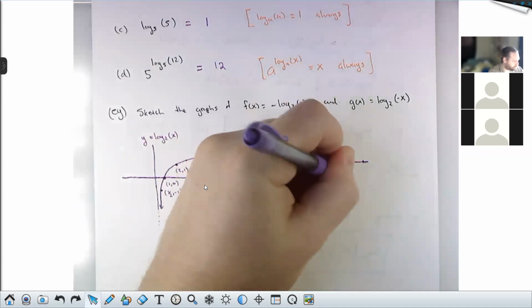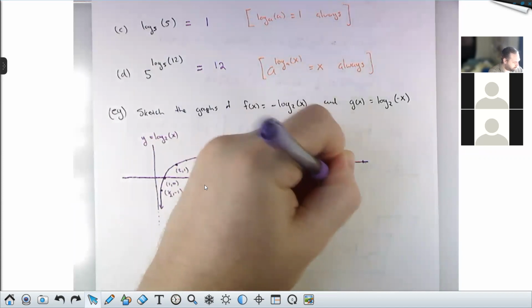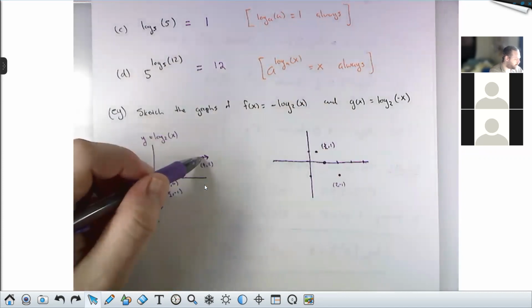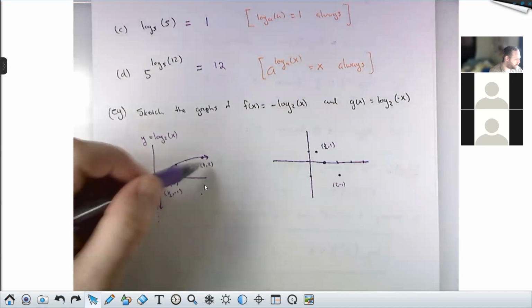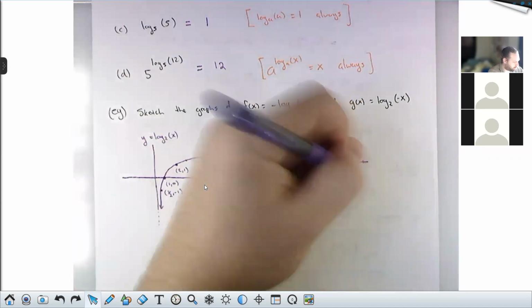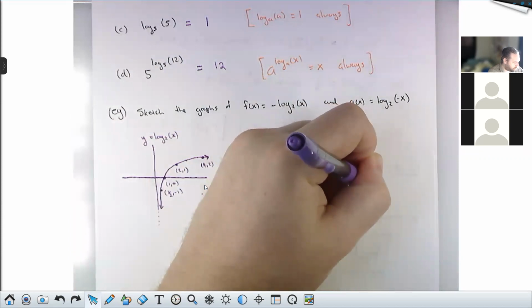And 4 comma 2, if I multiply that y value by -1, I'm out here at 4 comma -2.